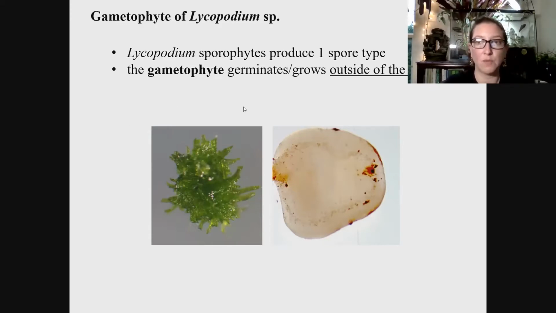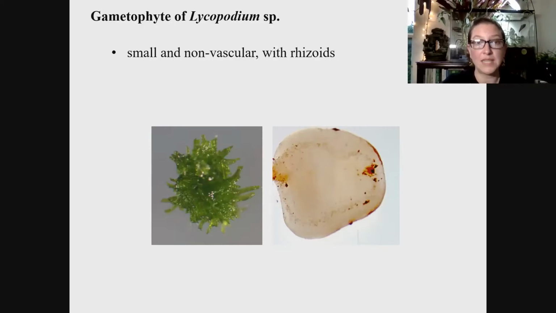But either way, those are gametophytes of Lycopodium. Very, very small, smaller than a dime. And note, the gametophyte plants are still non-vascular because they're that small. And they don't live that long.